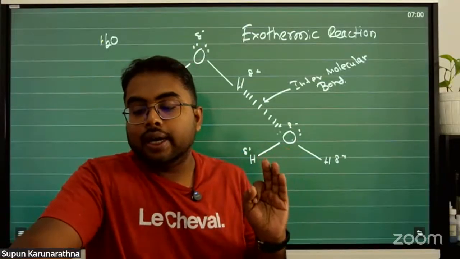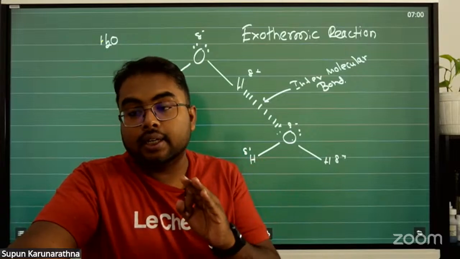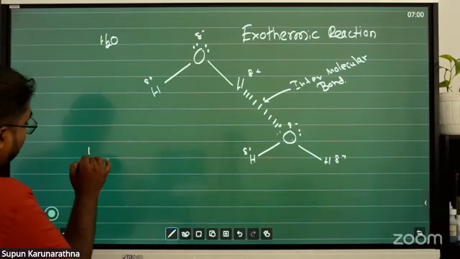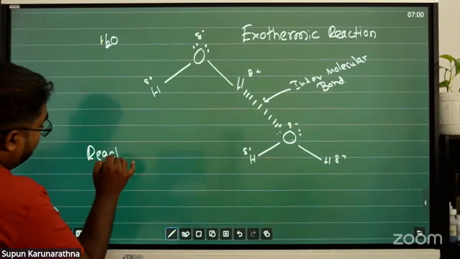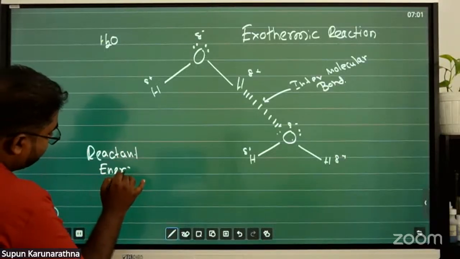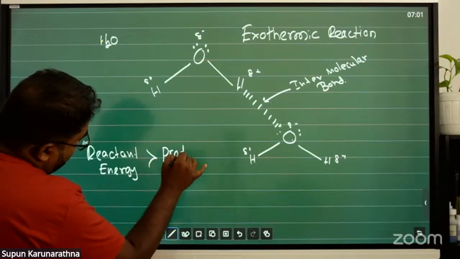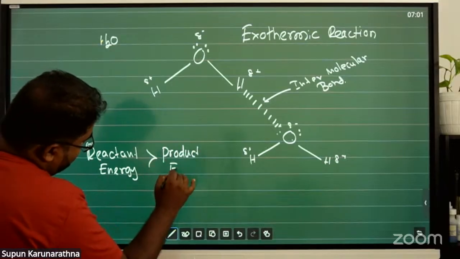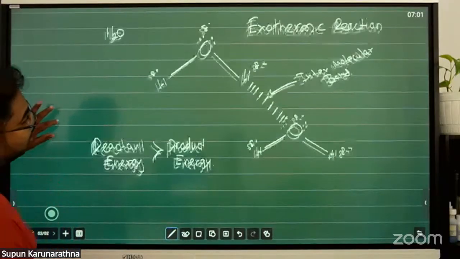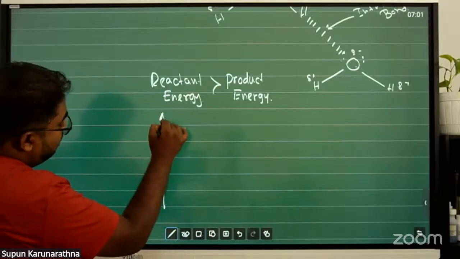That is wrong. The energy contained in the products is greater than the reactants, no, that is also wrong. Remember that point: the reactant energy is larger than the product energy. So how do we draw the energy diagram for an exothermic reaction?